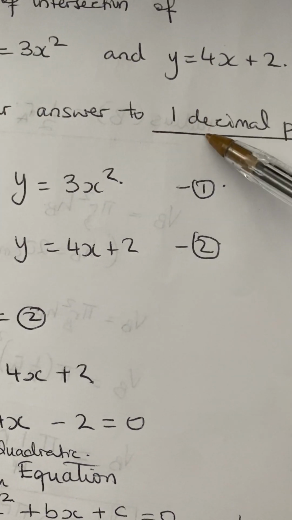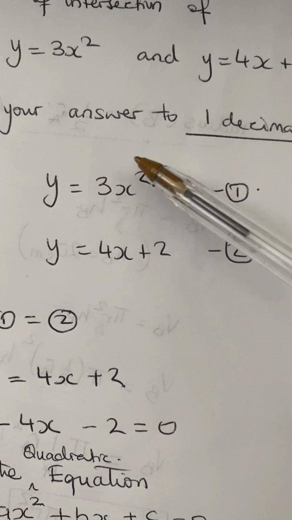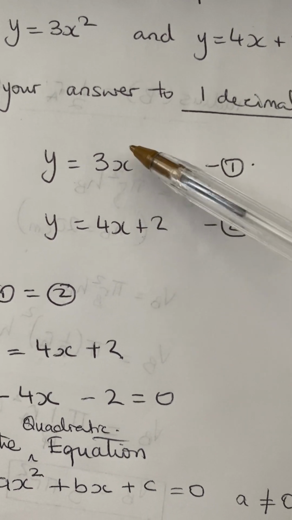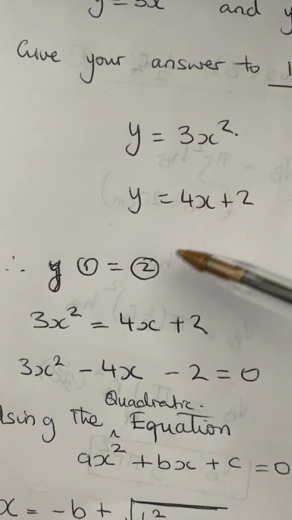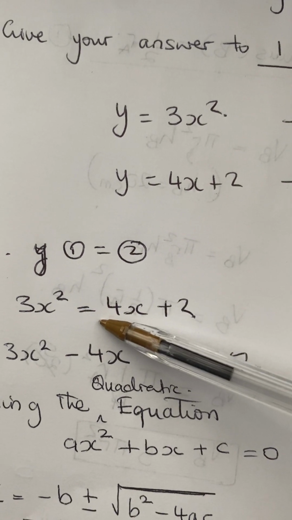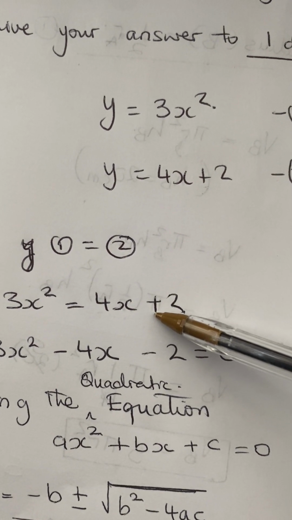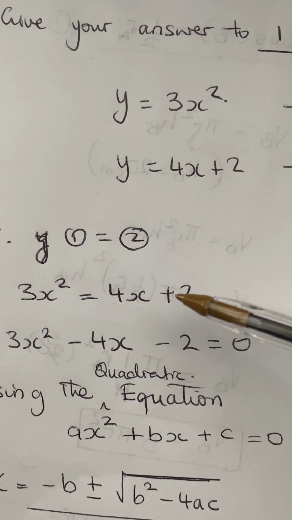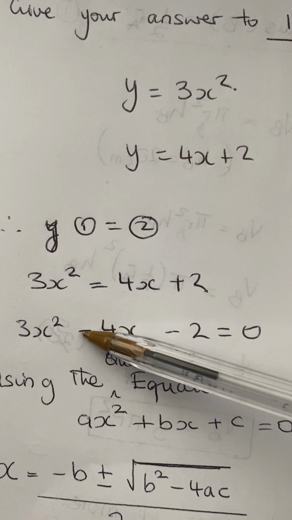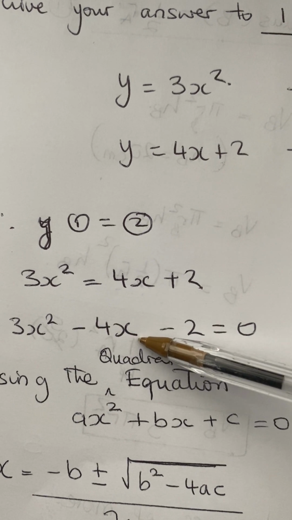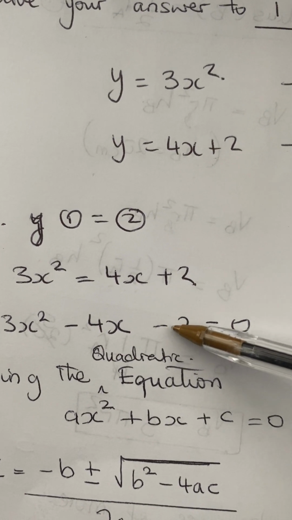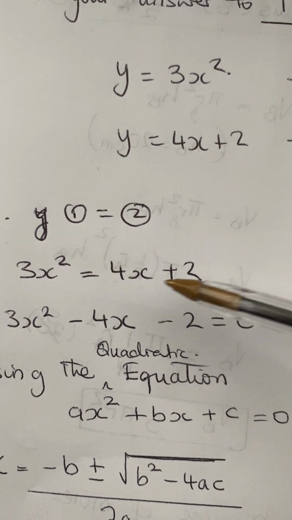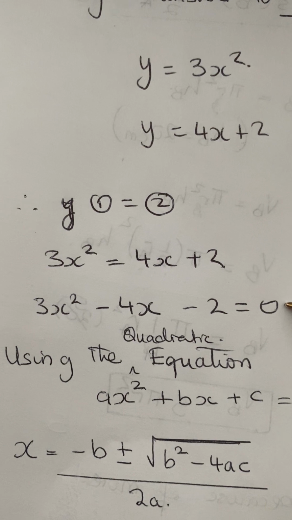So if y in both cases is this, then I can equate both. So if I equate both, I have 3x squared equals 4x plus 2. Now 3x squared minus 4x minus 2, assuming I bring this to that side, will be equal to 0.